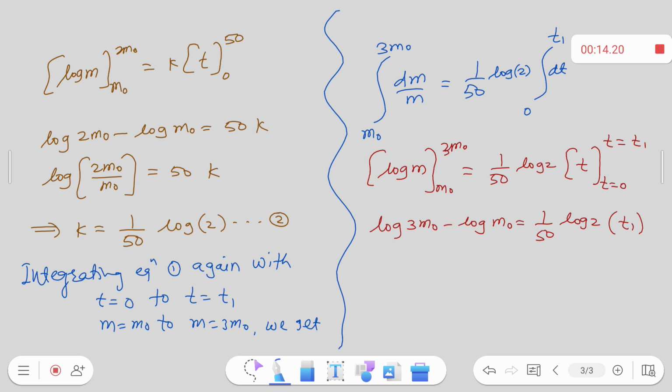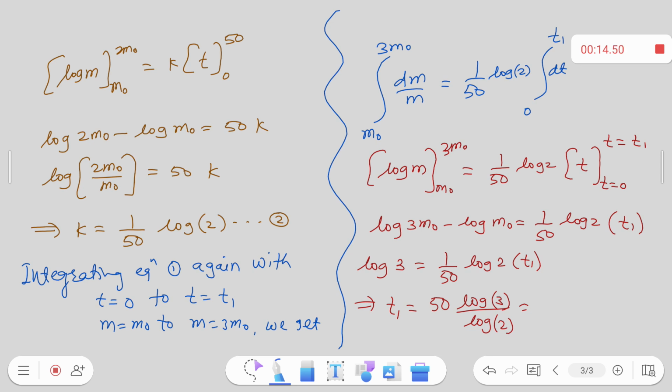So again use log a minus log b. So it is log 3 equal to 1 by 50 log 2 into t1. So what is t1 then? t1 is 50 times log 3 upon log 2. So find log 2 and log 3, multiply it by 50.